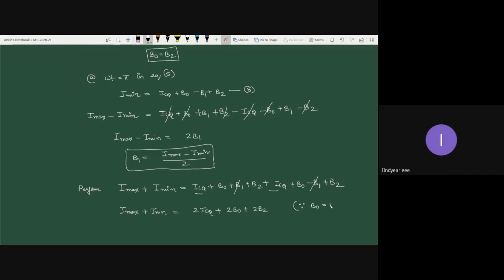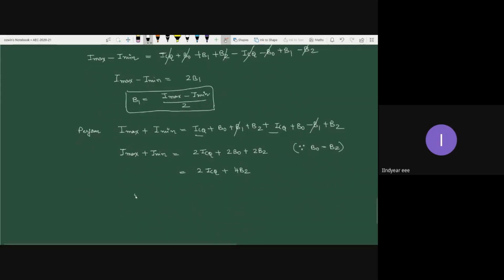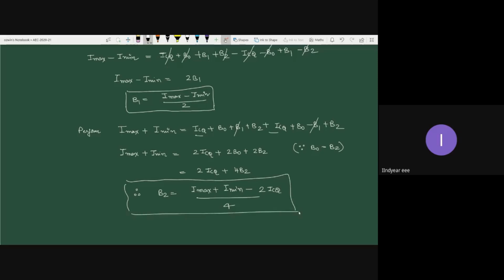But B naught is equal to B2. Therefore, you get 2 ICQ plus 4 B2, because you're substituting B naught as B2 itself. Therefore, your B2 is going to be max plus min minus the quiescent value divided by 4.